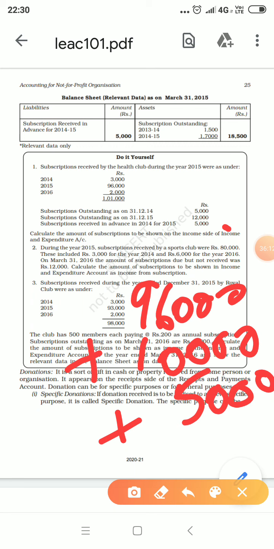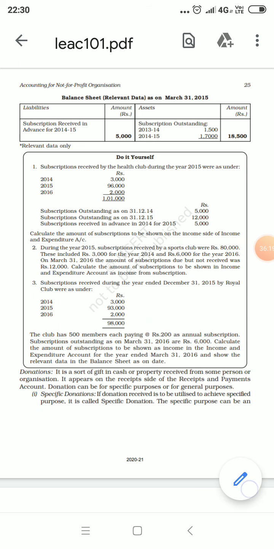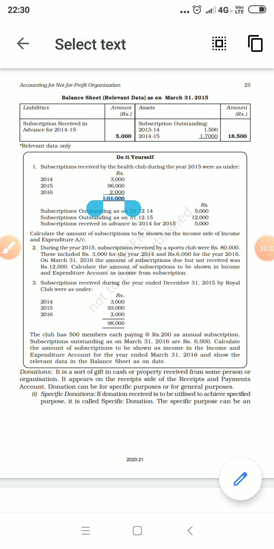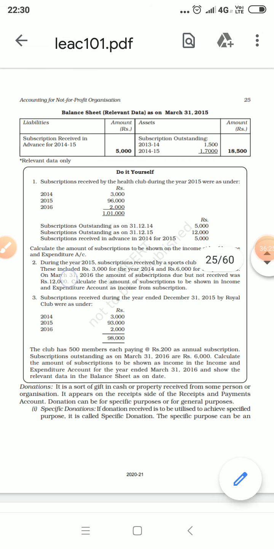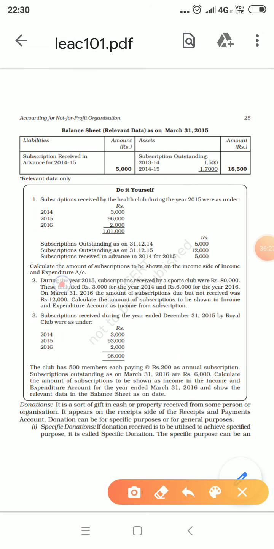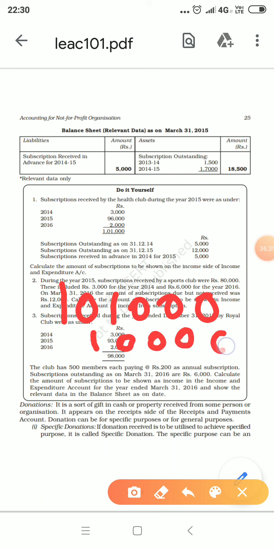Now alternatively, those children who did not understand this formula can take 1,01,000, the total amount. With that I have to add current year's outstanding 10,000. I have to add previous year's advance 5,000.